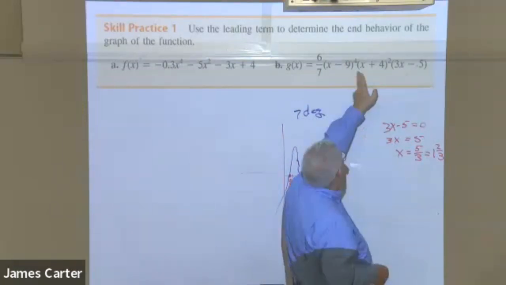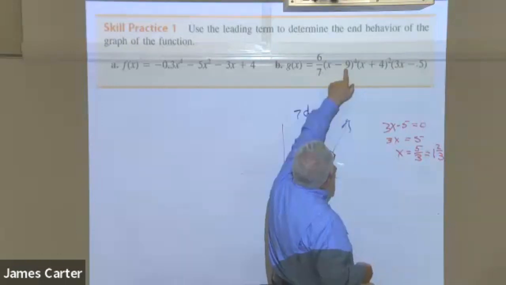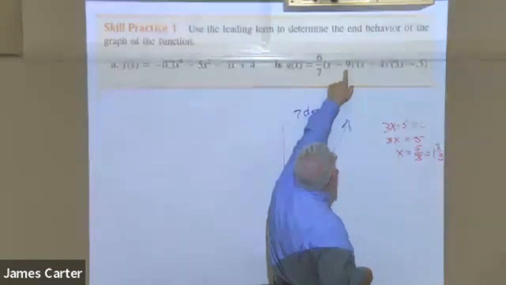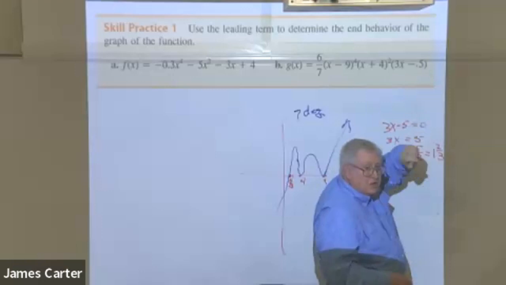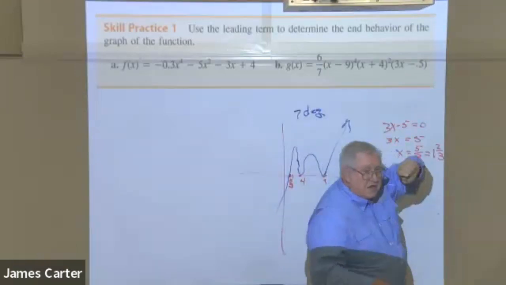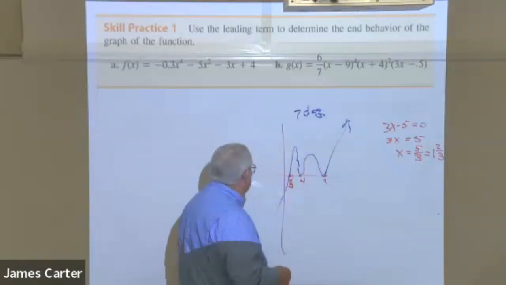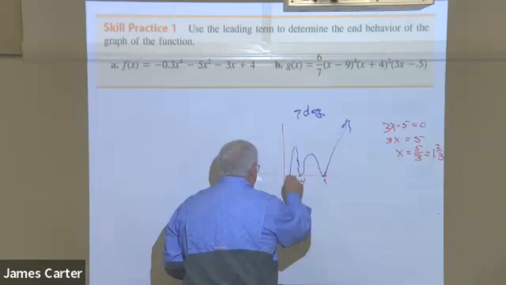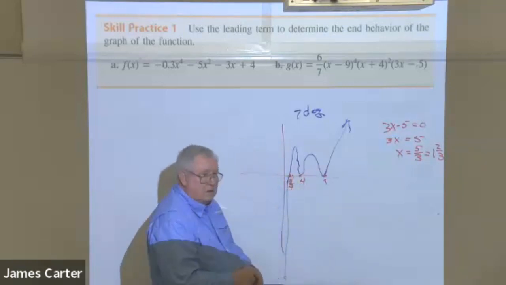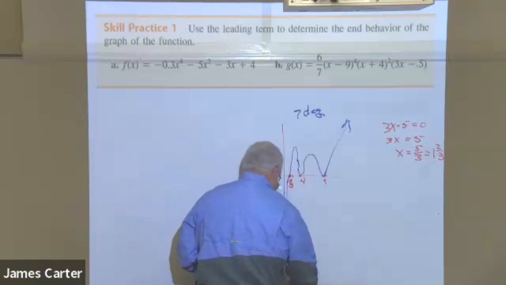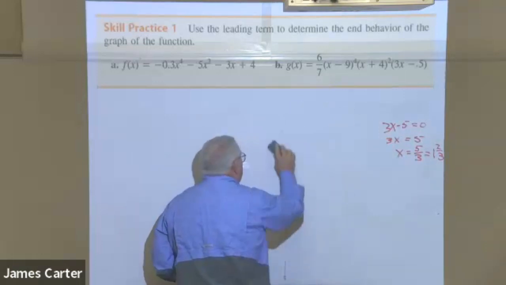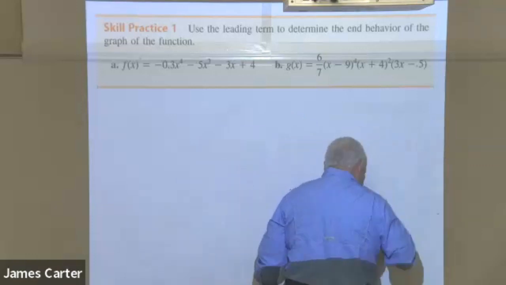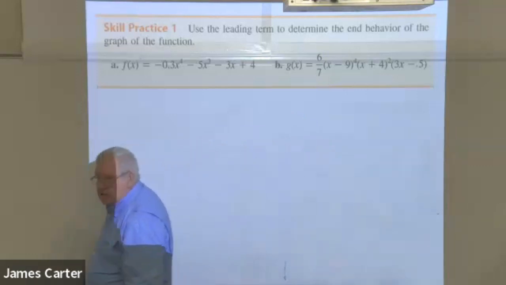This one would be 9 to the 4th power times 16 times 25 times 6/7. So the y-intercept on this thing is probably going to be way down here somewhere. Well, anyhow, that's multiplicity. I'm going to hit that some more, but I wanted to make sure that I had hit it this morning.